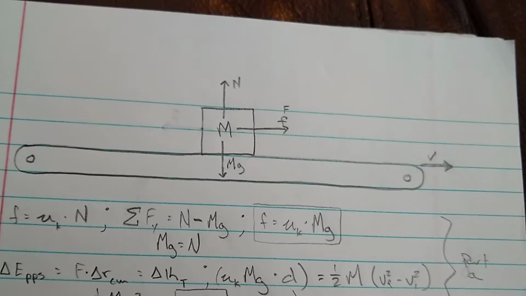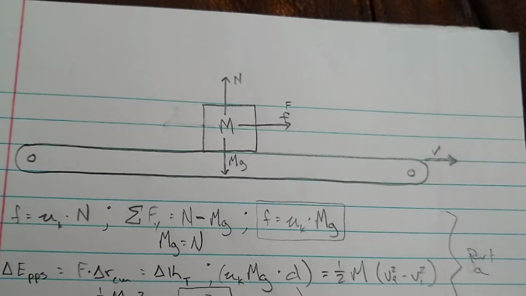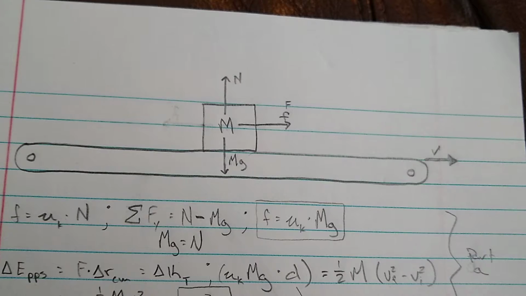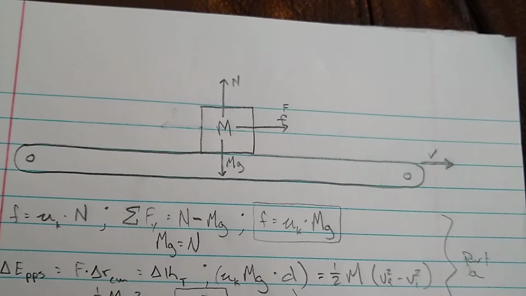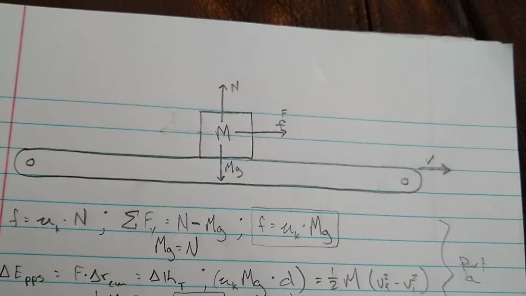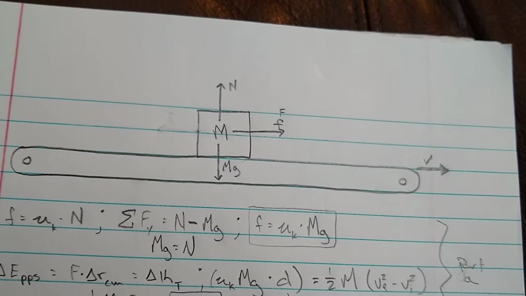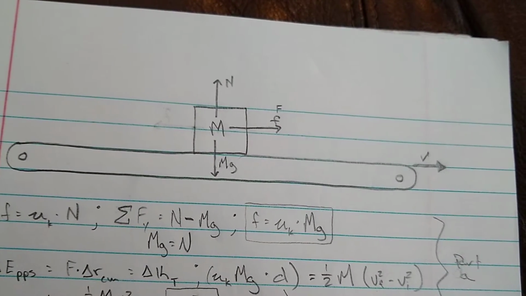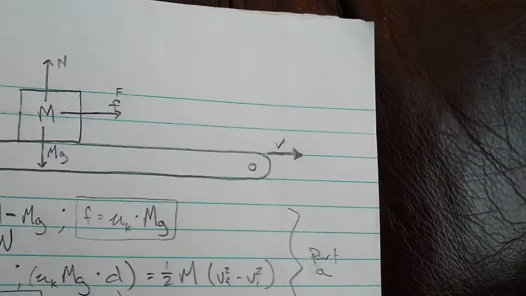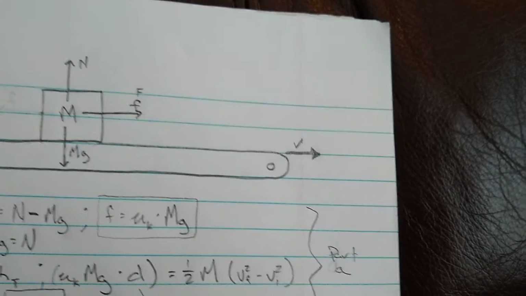Okay, here is our system: a box on a conveyor belt. The m is the mass. The force up is the normal force. The force down, mg, is the gravitational force. And the frictional force is in the same direction as our velocity over here.